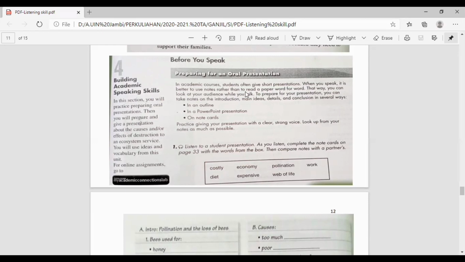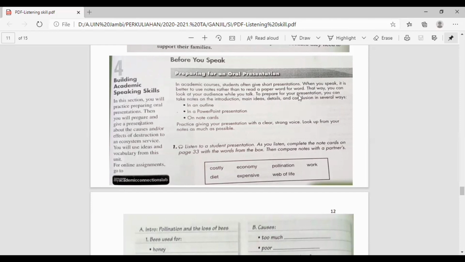They don't really present, they read their paper word for word, which is very boring. That's why it's very important when you speak to use notes rather than read a paper word for word, because that way you can look at your audience while you talk.